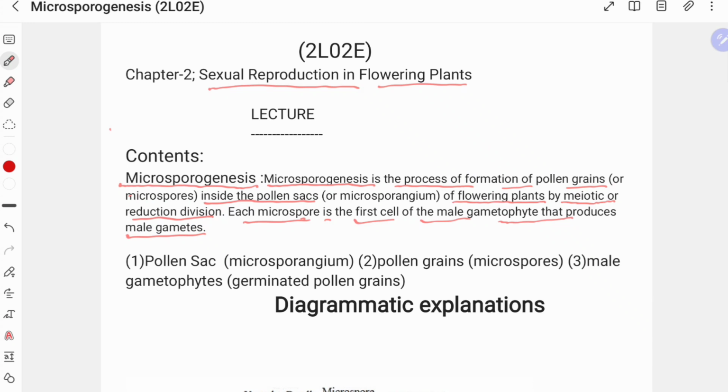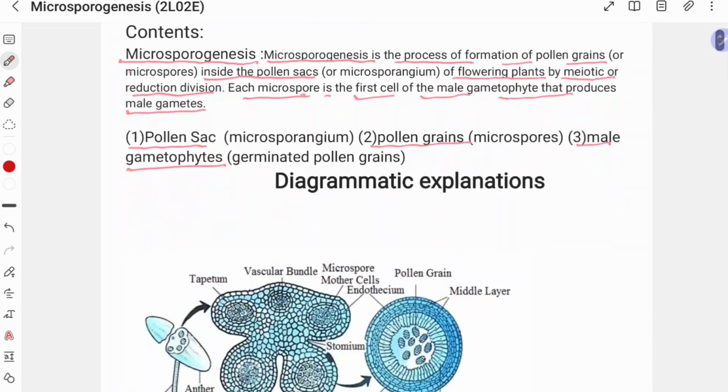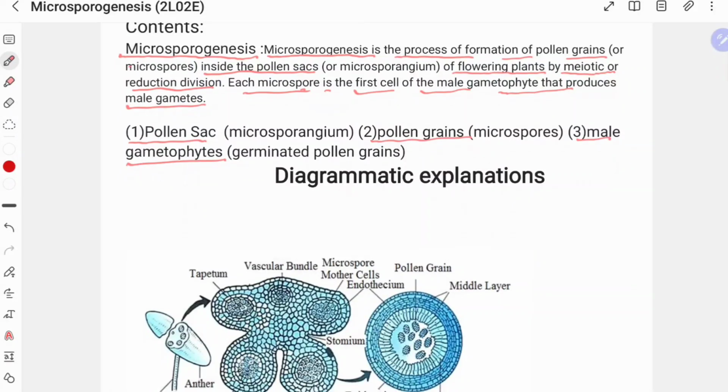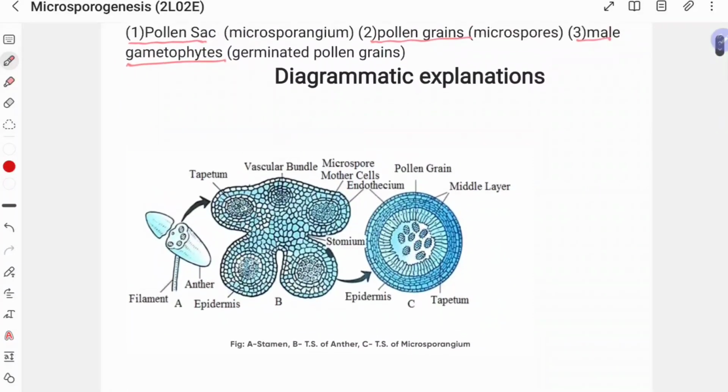The first step is the formation of the pollen sac, then the pollen grain, and then the male gametophyte or germination. Now I give you a diagrammatic explanation of this microsporogenesis.